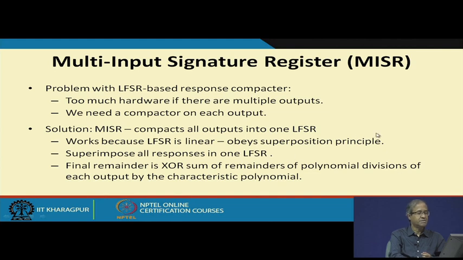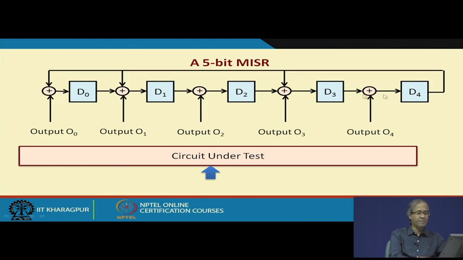So, this happens, and MISR looks like this. MISR is a modified version of a type 2 LFSR, where you have put an XOR gate between every pair of flip flops, but depending on the characteristic polynomial, I can use the feedback point to some of the XOR gates only.